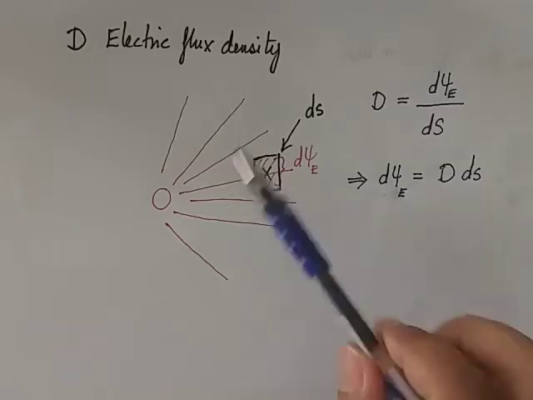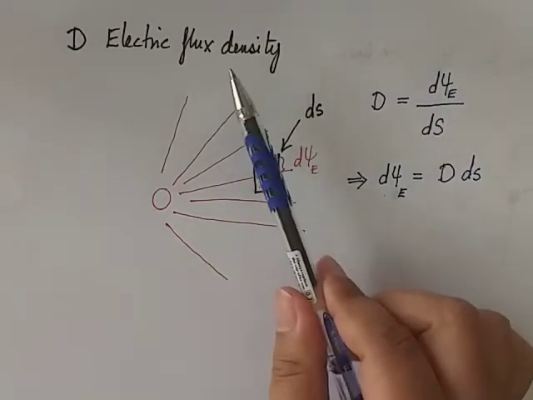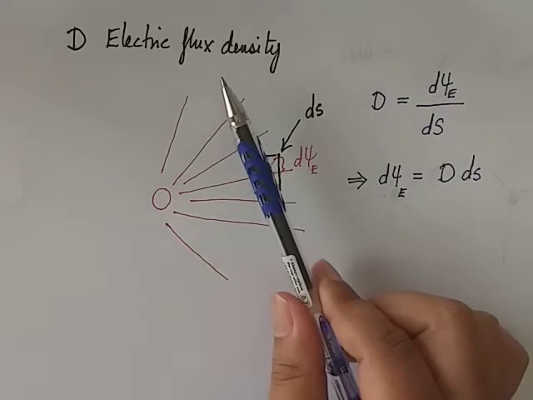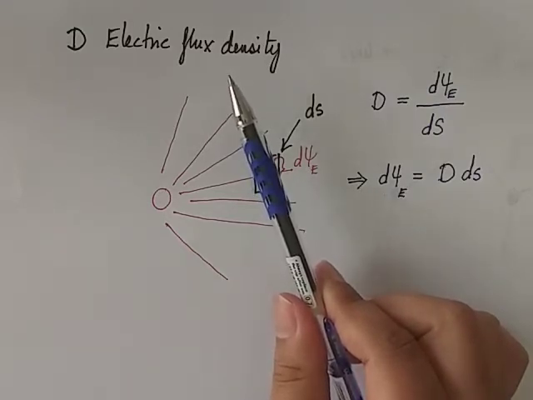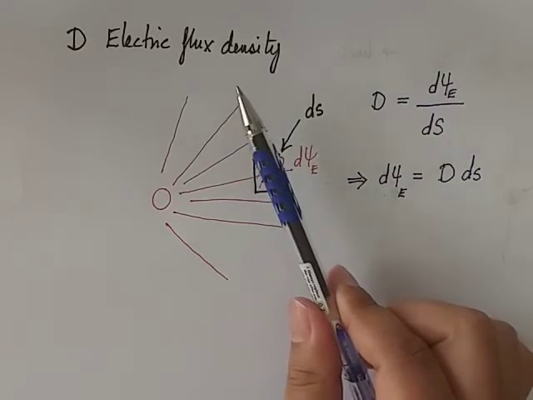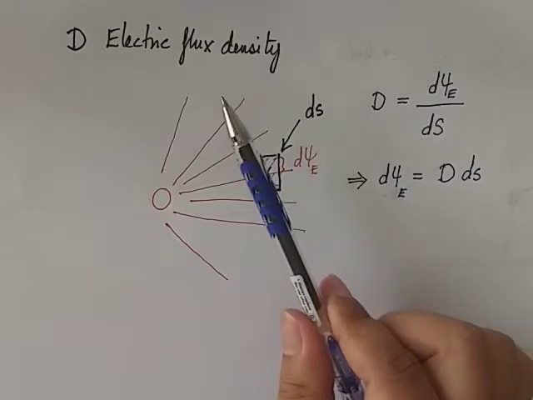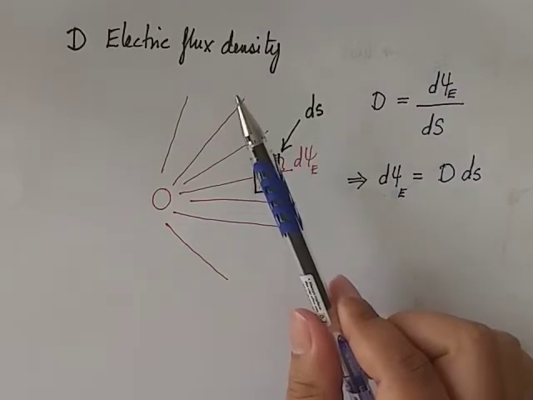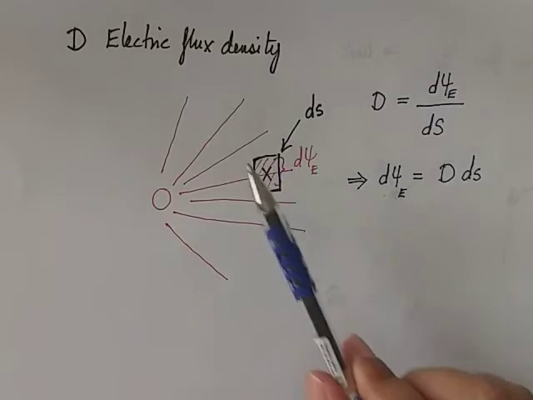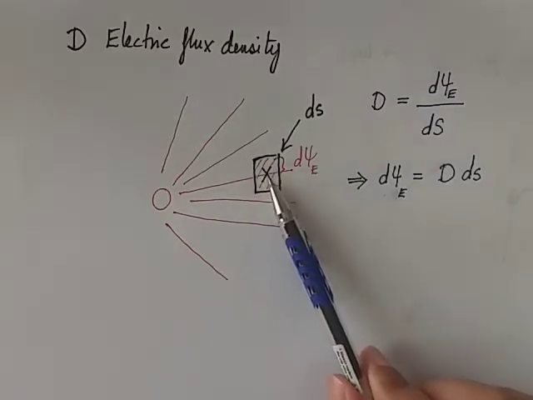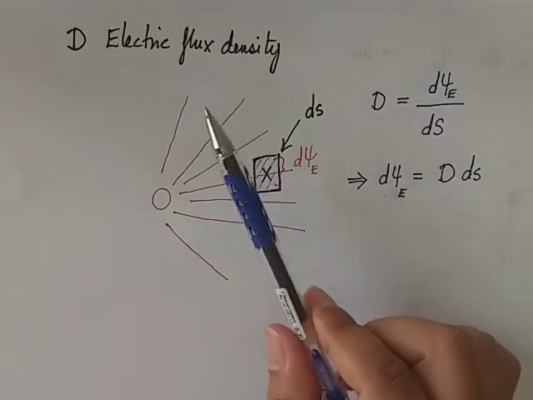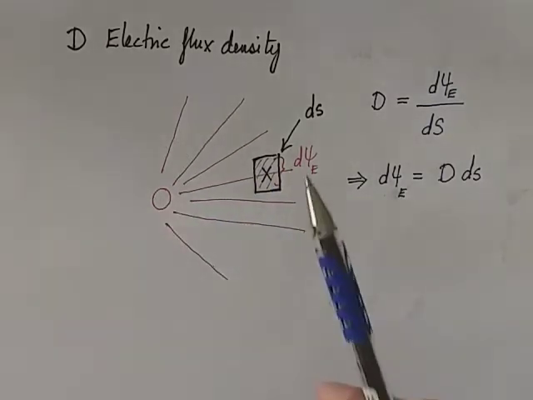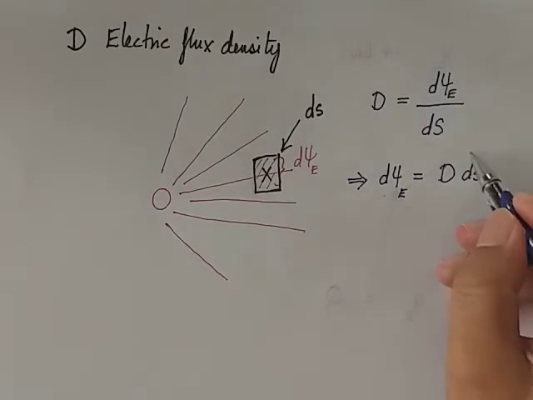If I slightly change the position of this area, the result of my flux capture is going to change, even though the magnitude of the area remains the same. So what's important here is that we not only deal with the scalar, the magnitude of the area, we also have to deal with the position of this sample area. So with that, we have to consider vectors now.